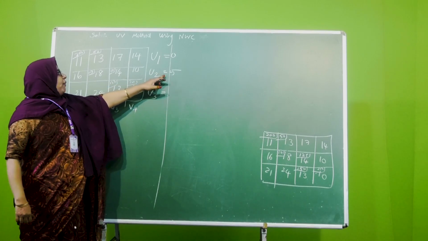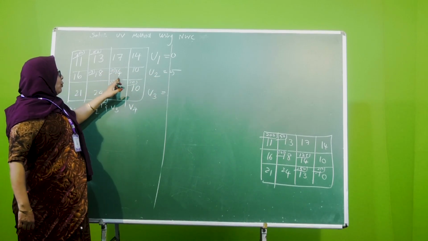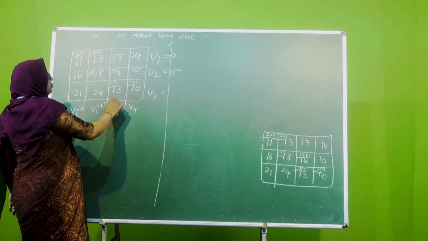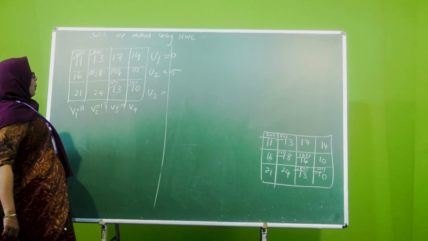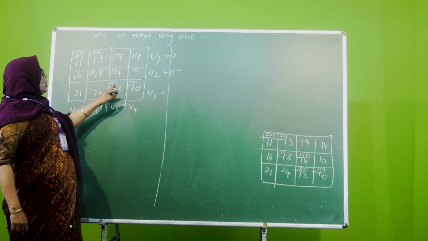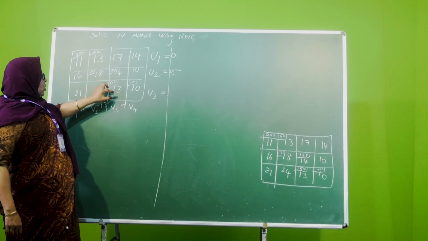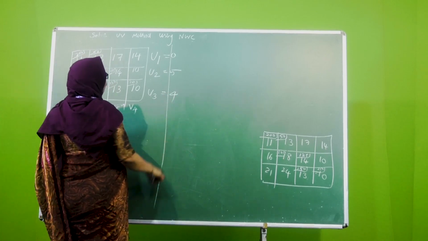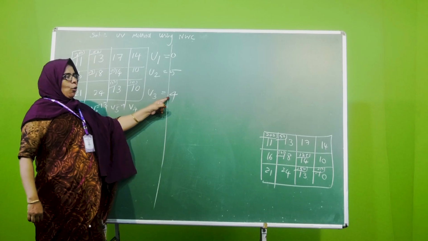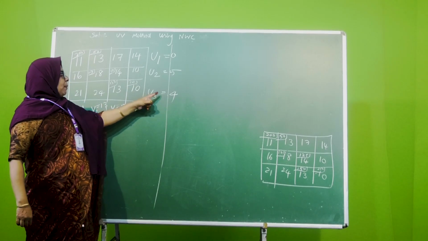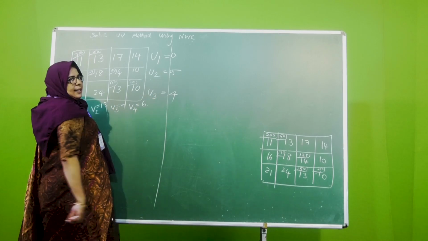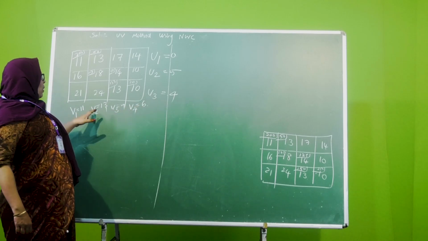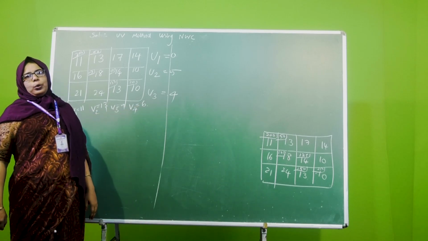Using 5, for the allocated cell 14, 14 minus 5 is 9. Then 13 minus 9 is 4. Using 4, we find V4: 10 minus 4 is 6. So we have found U1, U2, U3, V1, V2, V3 and V4.